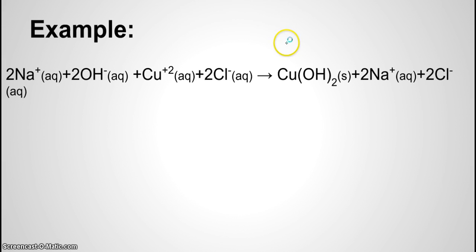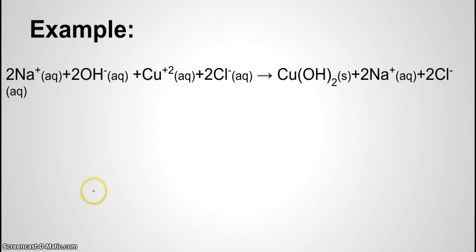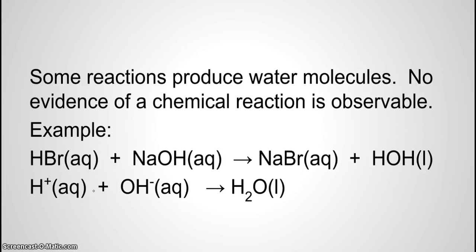They are spectator ions. So here and here, they stayed the same. It's still sodium and still chloride. Those are going to be our spectator ions. So the hydroxide and the copper are the ones that bonded together to make the precipitate. Okay, so you can see that we have two ions that are spectator ions. So to write a net ionic equation, we're going to end up taking those out.